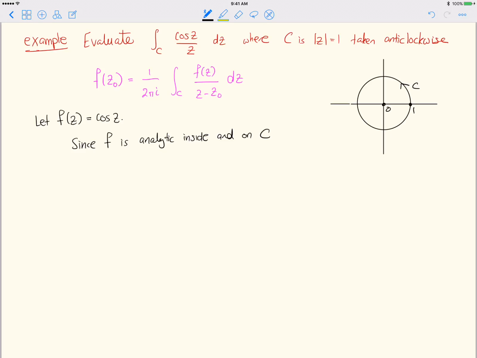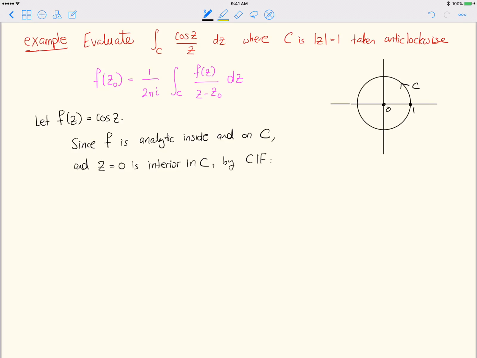Because cos z is an entire function, so it's going to be analytic in any part of the complex plane. So since f is analytic inside and on C, and z equals 0 is interior to C, I can use Cauchy's integral formula.